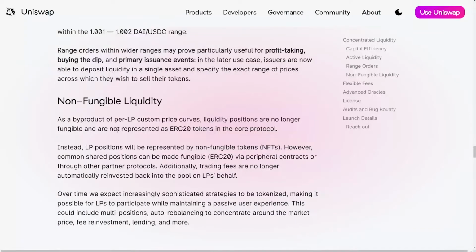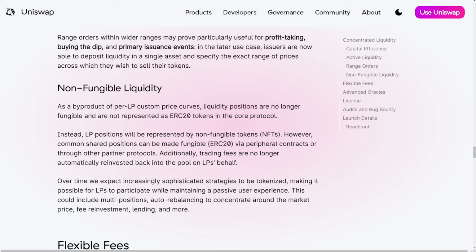Aside those things, there is also this change with the fungibility of your liquidity, because before your positions were fungible and were represented by ERC20 tokens, so you could swap those around, trade those around, and anyone who bought them from you could reclaim your liquidity pool tokens.